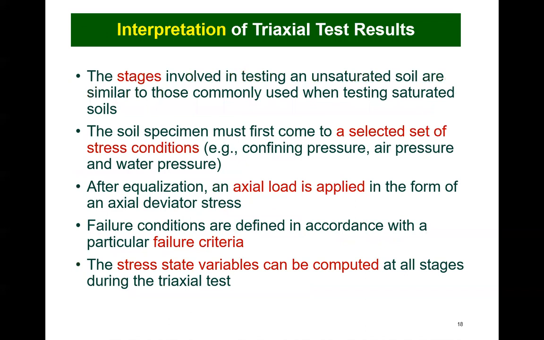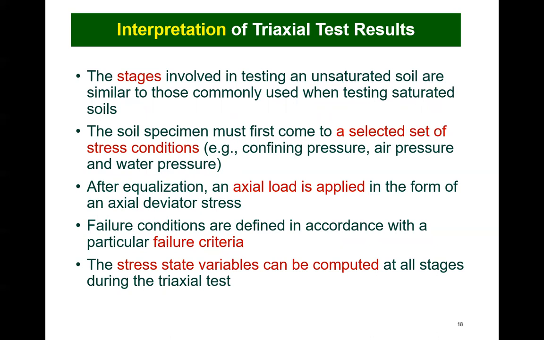The stages involved in testing an unsaturated soil are similar to those commonly used when testing saturated soils. The soil specimen must first be allowed to come to equilibrium with a selected set of stress conditions. For example, a particular applied confining pressure, an applied air pressure, and a controlled water pressure.